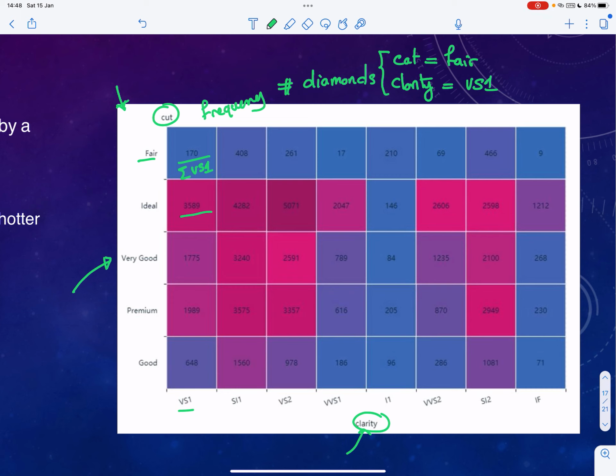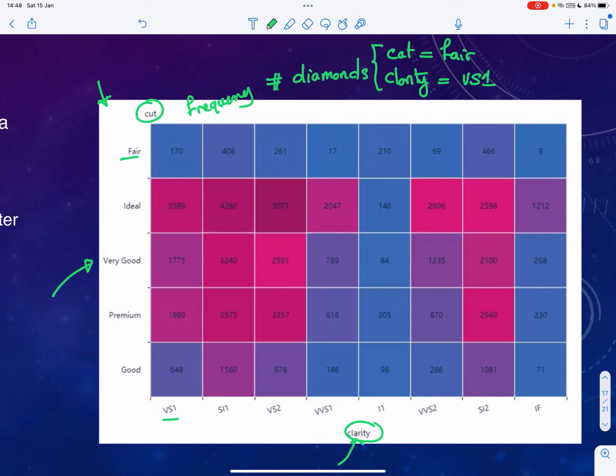And then we would have a different heat map. So when you look at a heat map, it's important to recognize what these numbers are. In our case, which is very simple, the numbers are frequencies.